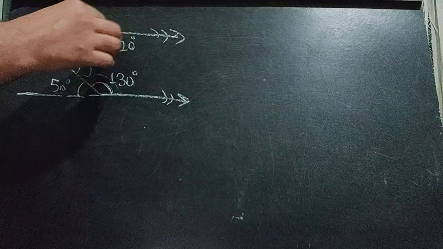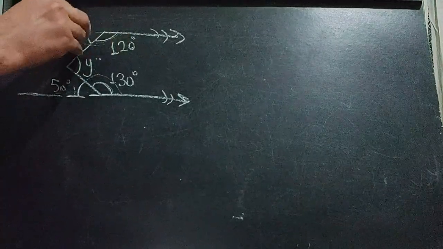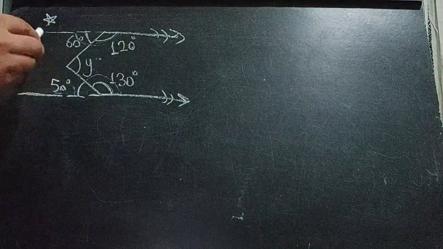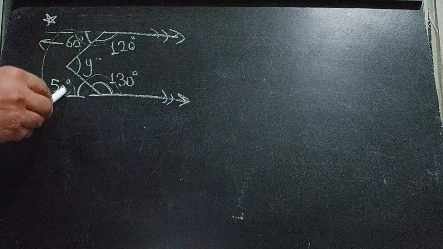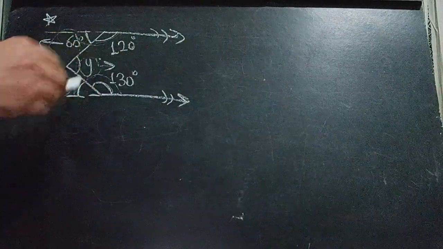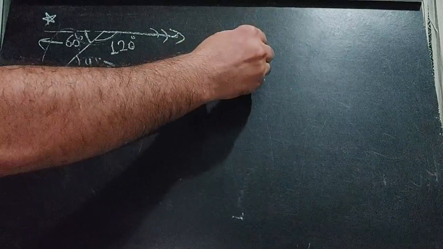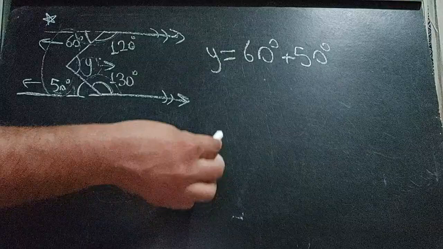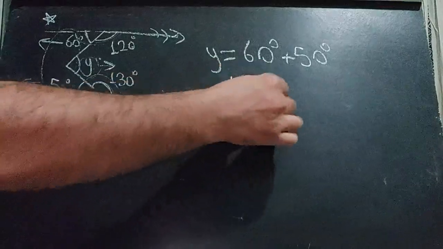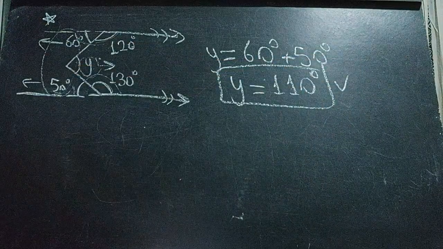So same thing for this one too, this will be 50 degrees. Okay, so what I got, sum of these angles will be Y. So Y is going to be 60 plus 50 degrees, which is going to be 110 degrees. Right.